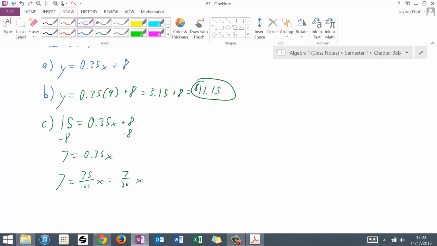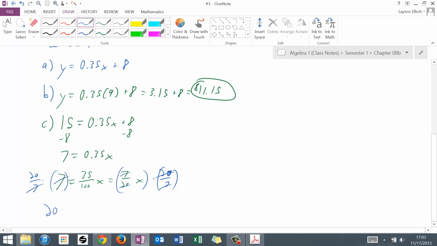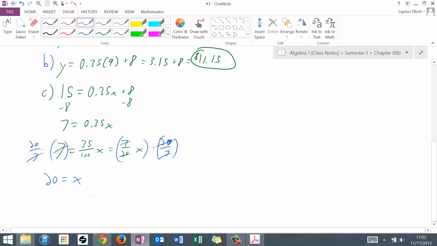And if I multiply the left side and the right side by the reciprocal of 7/20ths, which is 20/7, those cancel, and I would get 20 equals x. So he could go on 20 rides. It doesn't ask for a graph, so we'll move on to the next one.